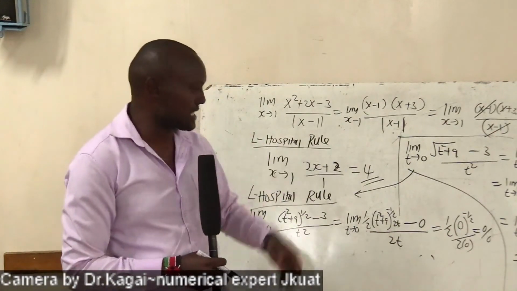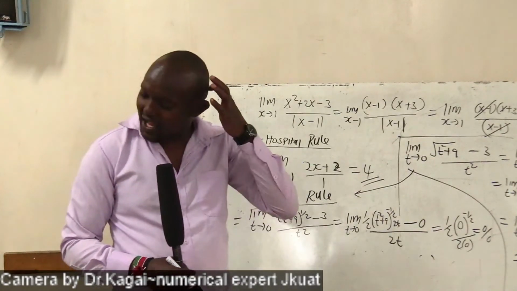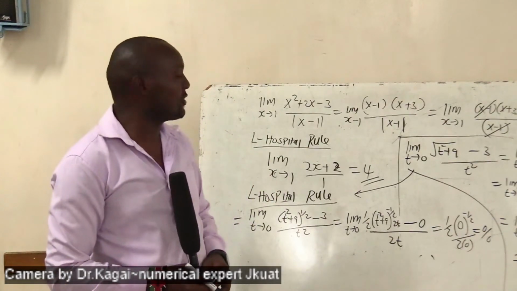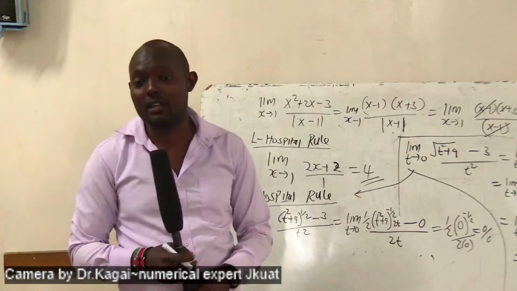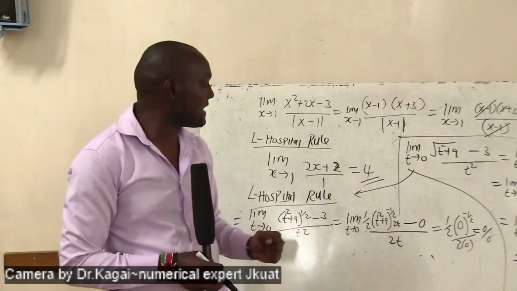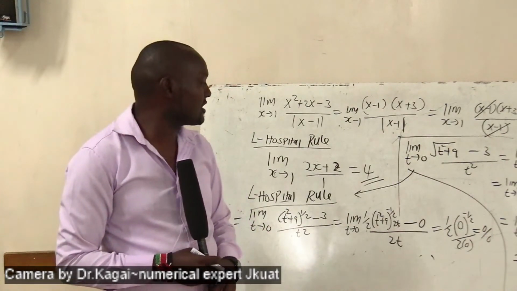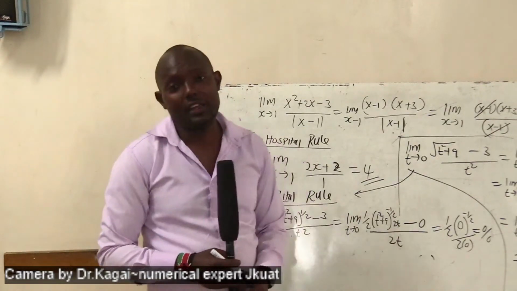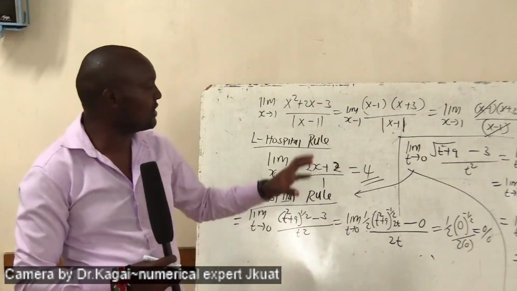So due to those challenges, we were not able to finish, because I wanted a situation where limits are applied to infinite numbers. I know there's a question where limit is applied on infinite numbers, and those are the kind of questions that the examiner will be very strict on, so that he or she can test whether you have handled limits very well.